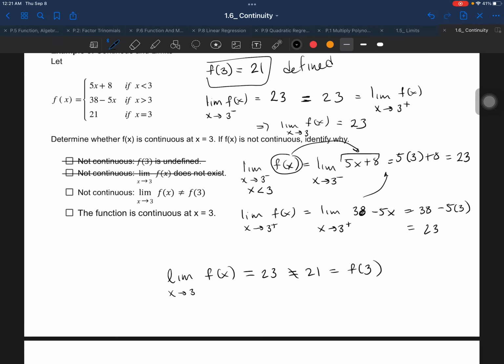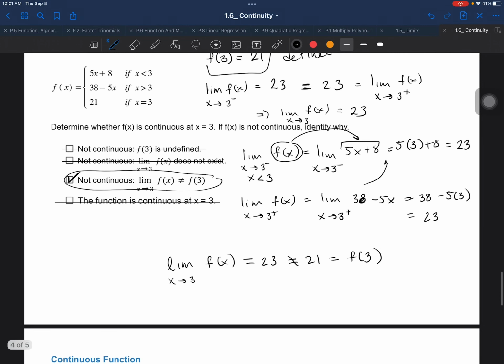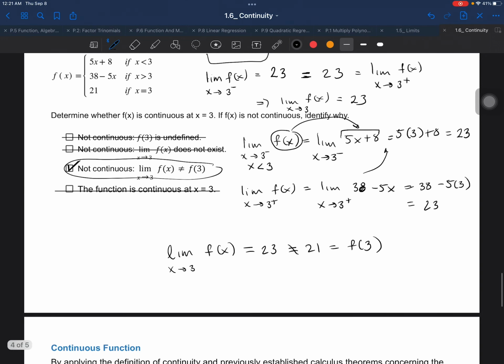So that means this is true, and we know the others are false. And so there you go. We determined that the function is not continuous because the limit of f of x as x approaches 3 does not equal f of 3.